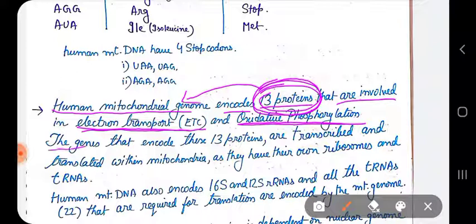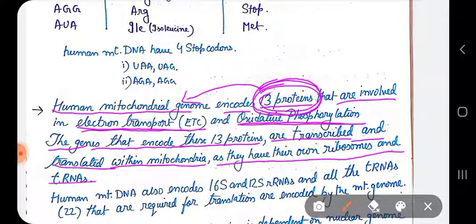The genes that encode these 13 proteins are transcribed and translated within mitochondria because they have their own ribosomes and tRNA. So mitochondria have their own ribosomes as well as their own tRNA.